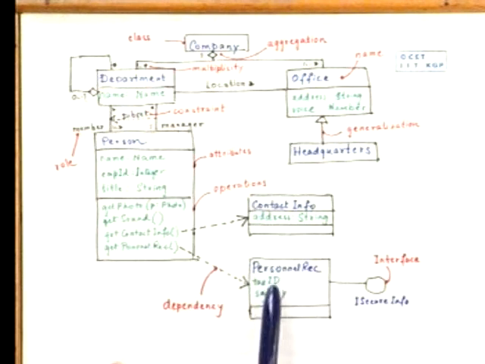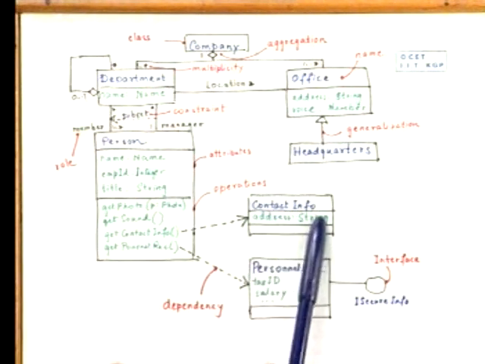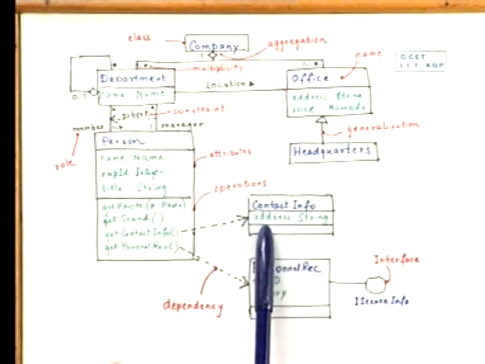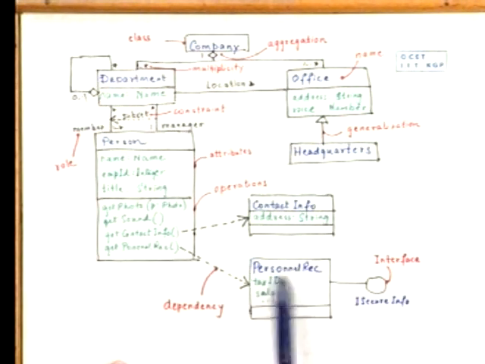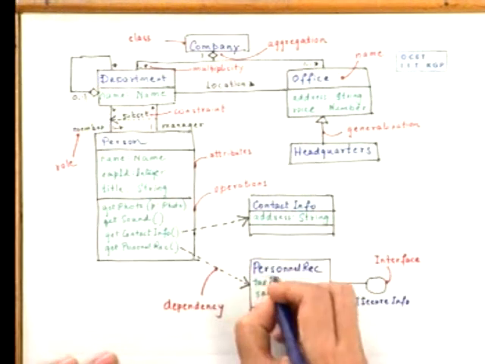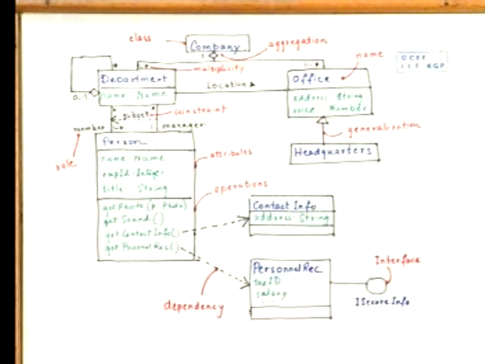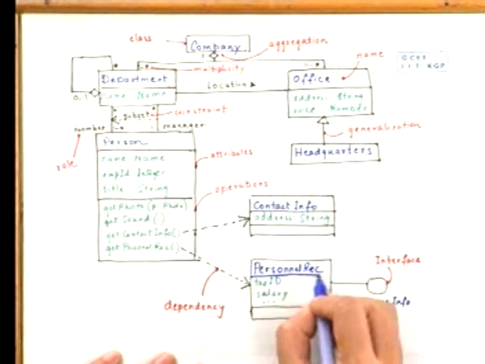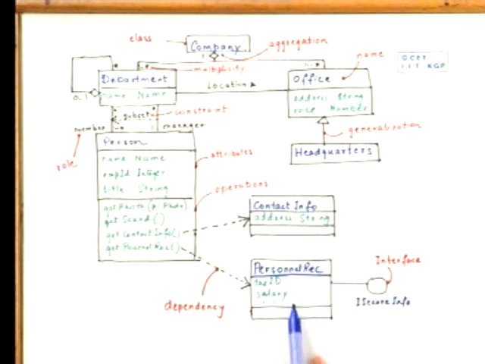Two other classes that we consider are, number one, contact information, which has an attribute address, which is a string. And secondly, the class personnel record, which has several attributes, including tax ID and salary. And there is a dependency relationship from person to personnel record, and also a dependency relationship from person to contact info.